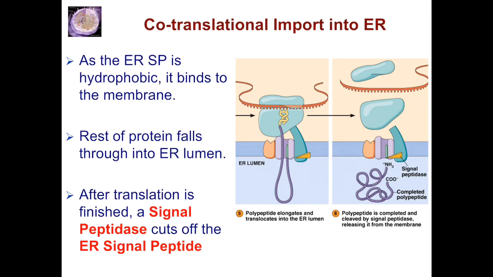After translation is completely finished, then of course the ribosome will disassemble and the protein will fall through the channel, but still hanging on by that ER signal peptide. So there happens to be an enzyme on the membrane called the signal peptidase, and it will cut off that signal peptide, and so then the protein will fall through and be completely in the ER.